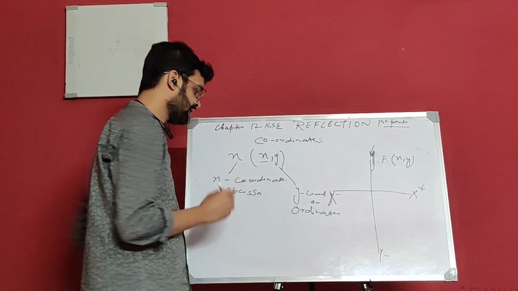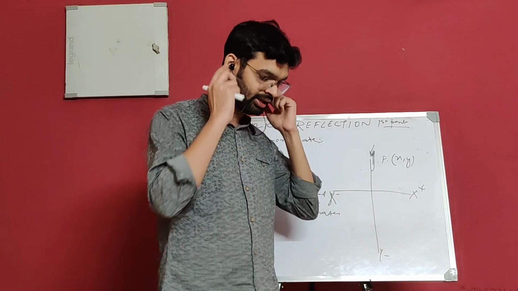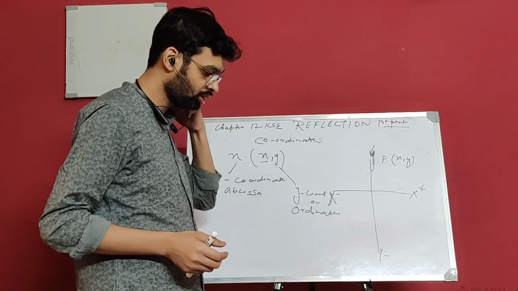So here we say x coordinate or abscissa, and here y coordinate or ordinate.